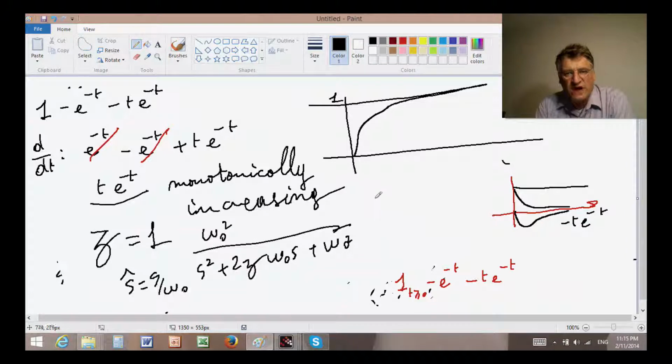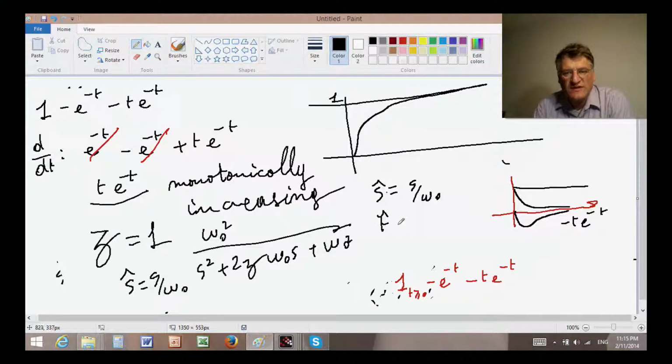So what we need to do now is finish by saying, since s hat is s divided by omega 0, our t is a t hat instead.